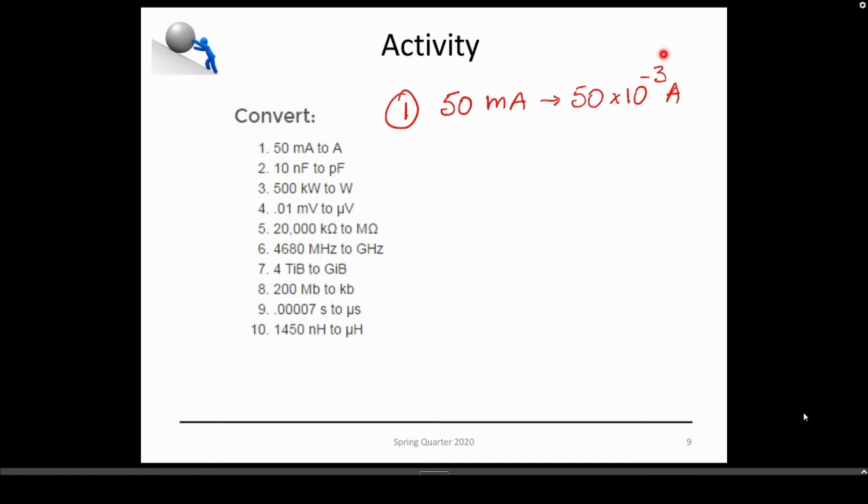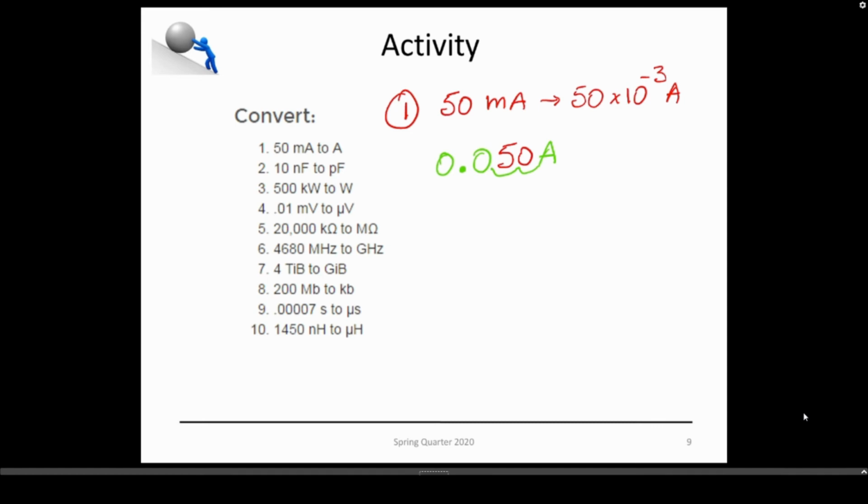So I can substitute all these by 3 decimal places on my 50. If I pick up my 50 and move the decimal places, I have 1, 2, 3, and that's your decimal place. And this is amps. So here you go, 0.05 amps.